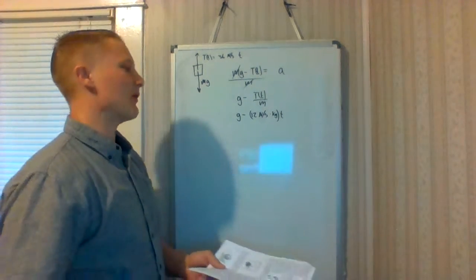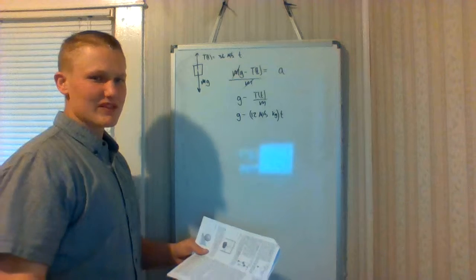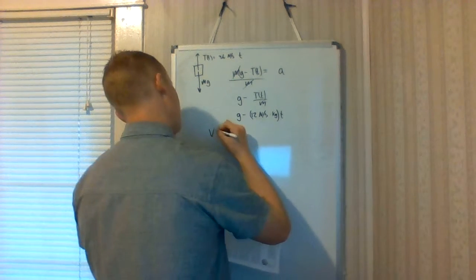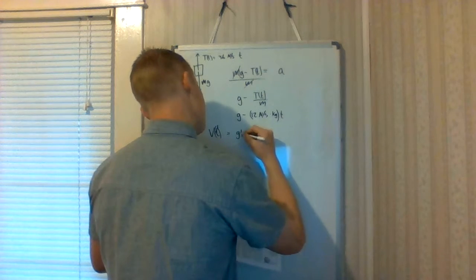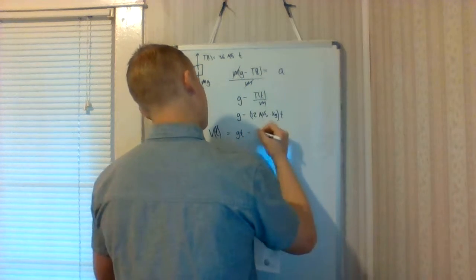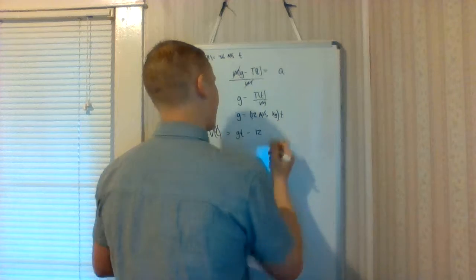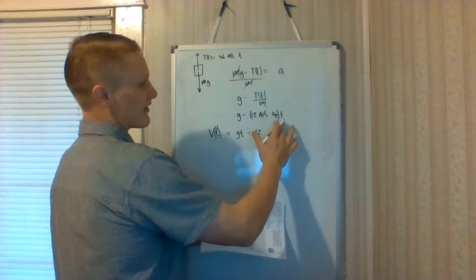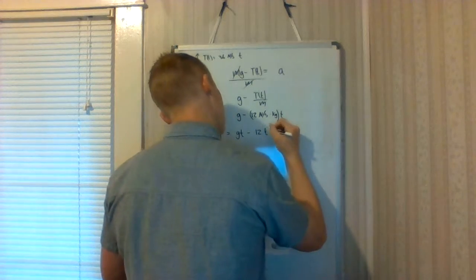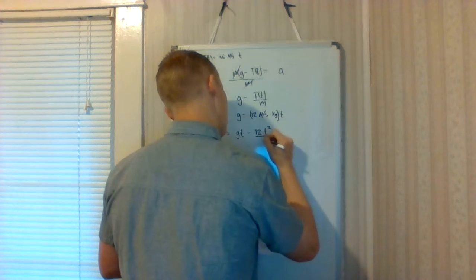Now we can take our integral with respect to t. So we're going to get v of t equals g times t minus 12, and I'm not going to put those units there because there's so many of them. But t turns into t squared over 2.